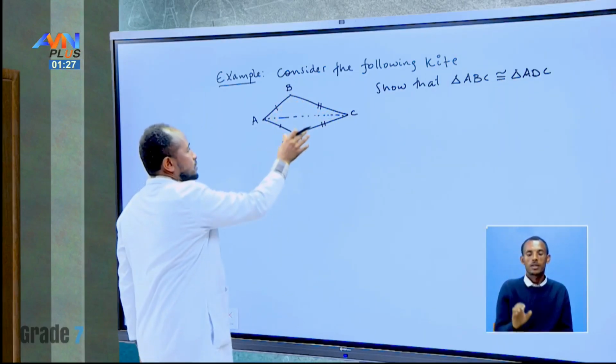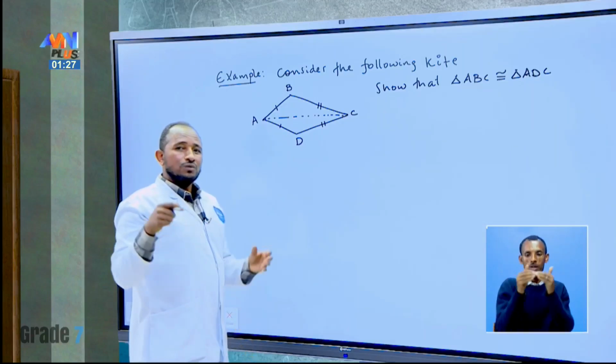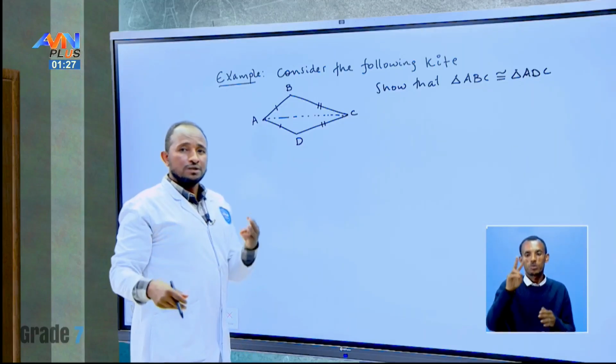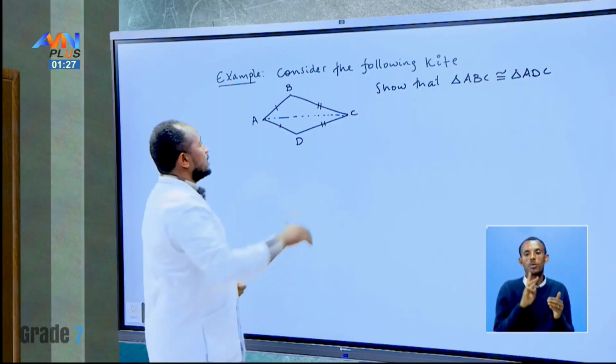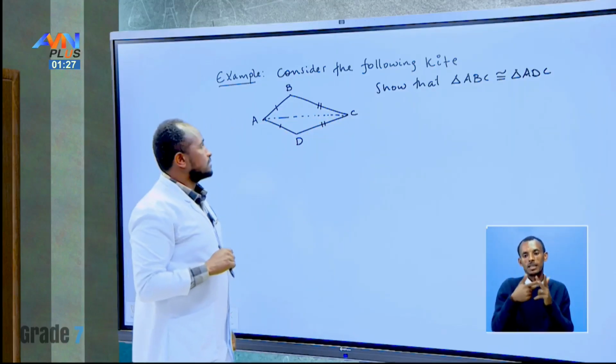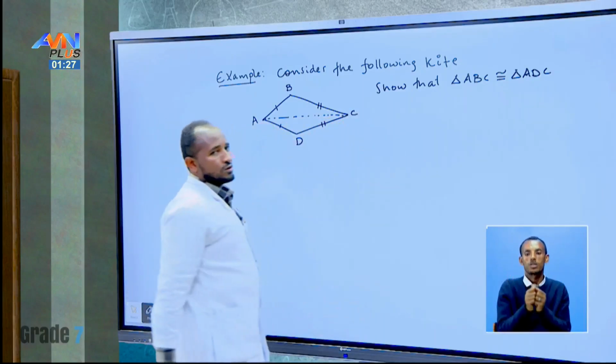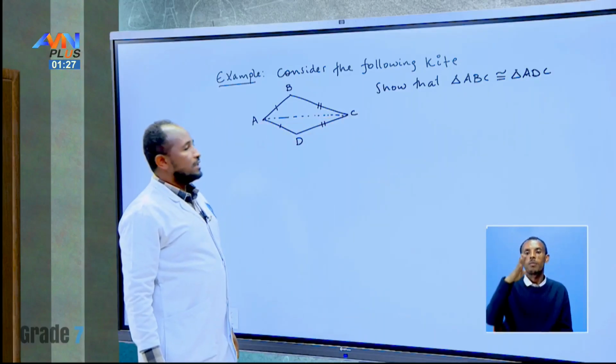We know two sides of the two triangles are congruent. To say the two triangles are congruent, we need three sides. Here, the third side AC is common for both triangle ABC and ADC.